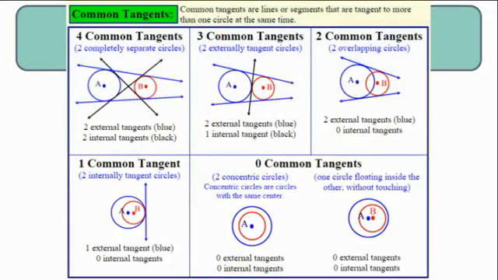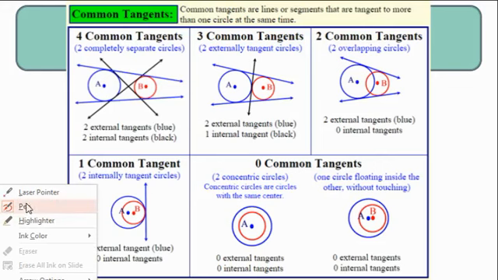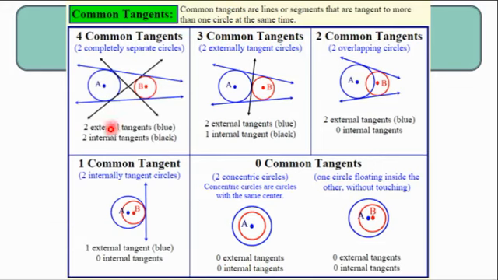Here are just some common tangents. There are lines or segments that are tangent to more than one circle at the same time. So some examples, 2 external tangents, blue, or 2 internal tangents, black.